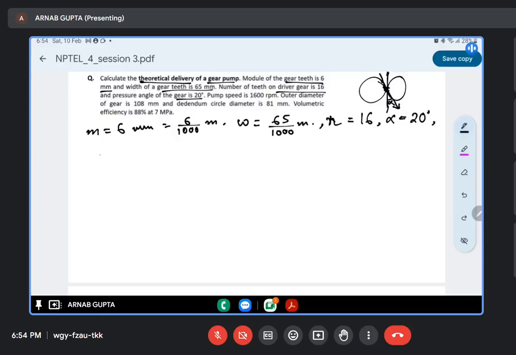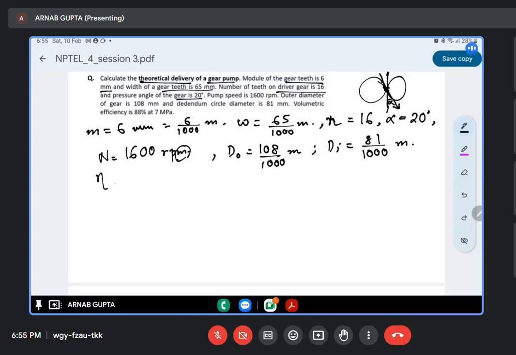The pump speed is 1600 RPM, revolutions per minute. Outer diameter is given as 108 mm, and the dedendum circle diameter, which can also be considered as the inner diameter, is 81 by 1000 meter.